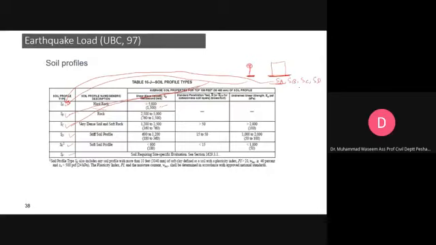SD? E? and F? This definition of SA and SB is based on some measurement of shear wave velocity in the soil. And for C up to E, we can also obtain it using the SPT number or the undrained shear strength. So it is very important to know the soil classification over which you are building your building.